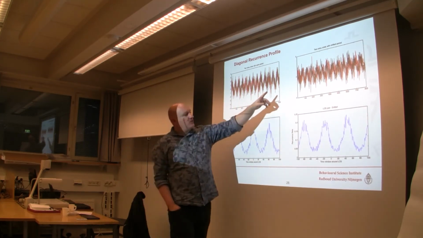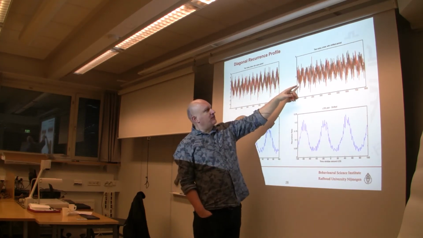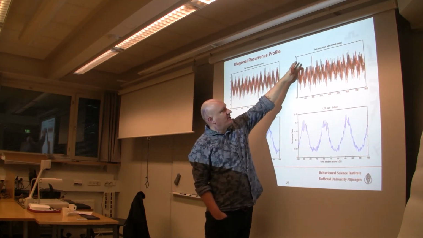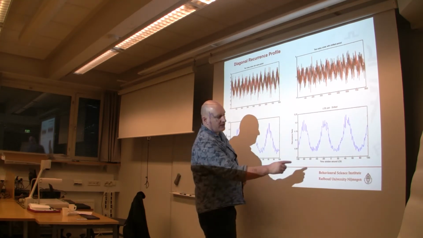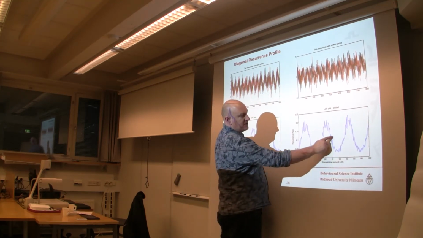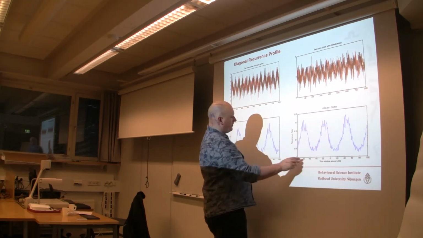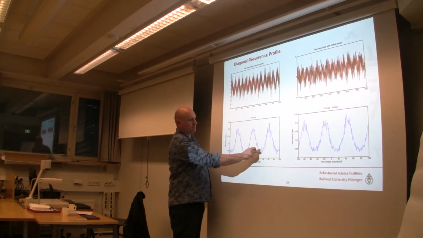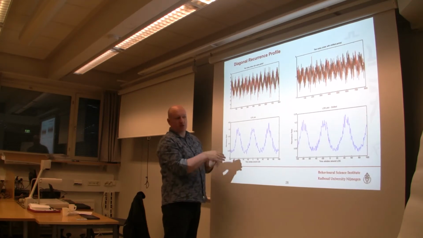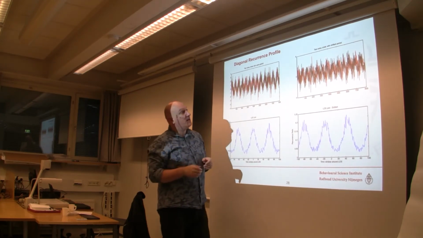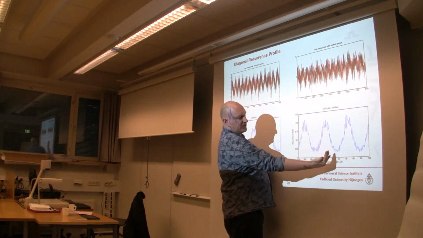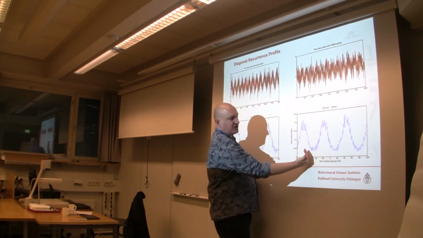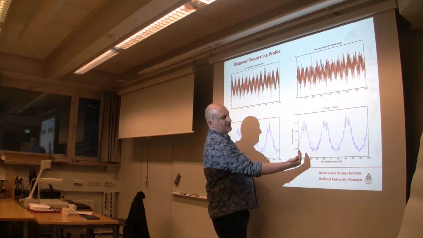But here, I've shifted the period of one of them. You can see that the red one here is no longer exactly synchronized with the black one. So here is our line of synchronization. If there were a peak in the recurrence points around this line of synchronization, it would mean they were exactly synchronous. But you can see that the peak is now shifted. It's now actually above this diagonal line.